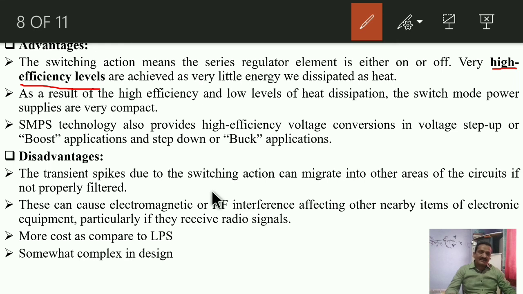It varies according to the design, but here I want to say the switching frequency of that switching element is very high, and that's why transients or spikes get inserted into the power lines also. This can cause electromagnetic or RF interference affecting other nearby items of electronic equipment, particularly if they receive radio signals.